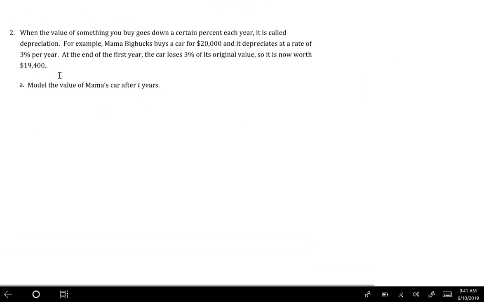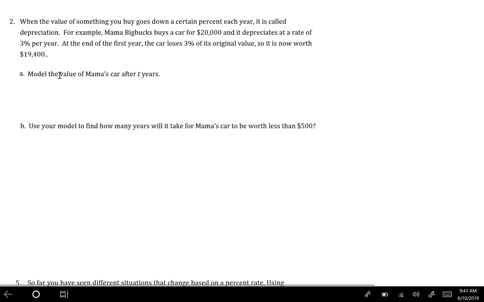All right, so question 2, it says when the value of something you buy goes down by a certain percent each year, it's called depreciation. For example, Mama Big Bucks buys a car for $20,000 and it depreciates at a rate of 3% per year. So this time, when we take the 20,000 and multiply it by 0.03, it's still 600, but we're doing 20,000 minus 600 instead of plus 600 to get the $19,400 that the value of the truck is going to be at the end of the year.